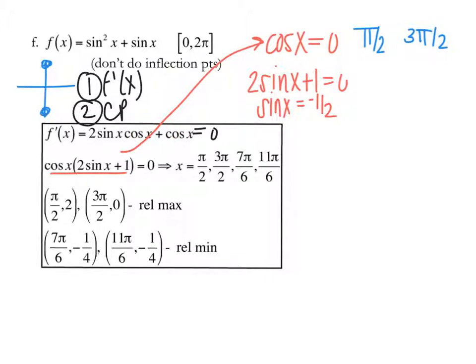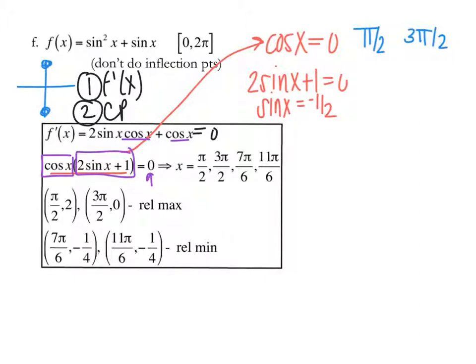However, you do have cosine x's, so we can take out a cosine x. And now you have something times something equals 0. So the zero product property says that you can set each of those equal to 0 to solve.